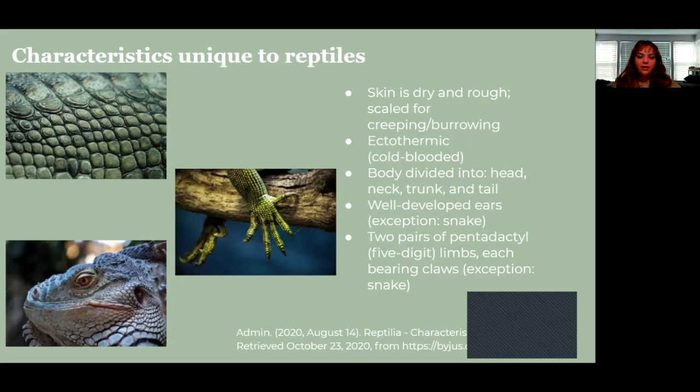Once again, they are predators, so the claws are obviously a means of a weapon, but it also has to do a lot with their locomotion. Like lizards climb up and down things, so having claws to grip is another reason for those.